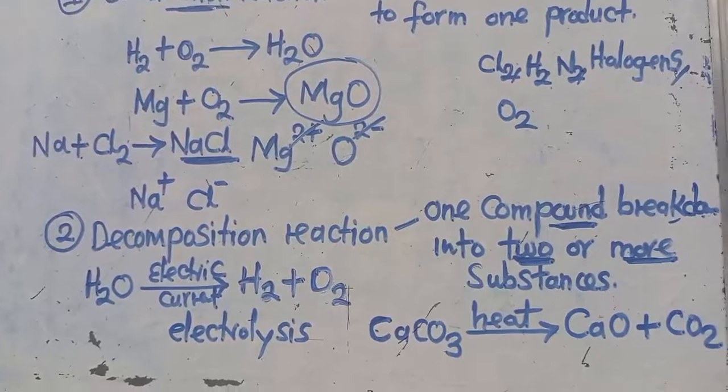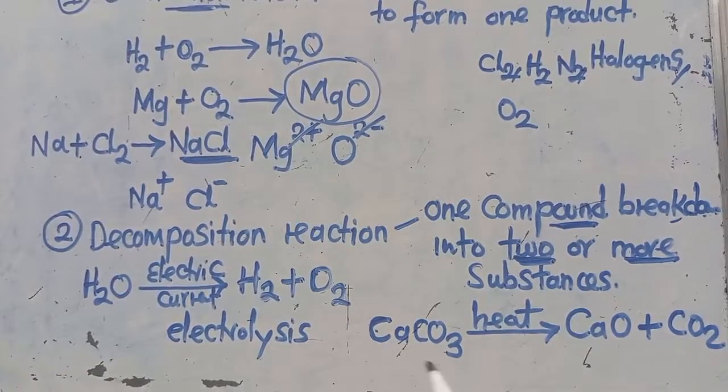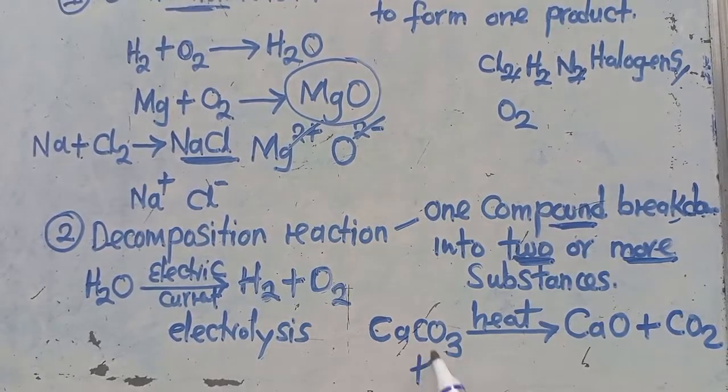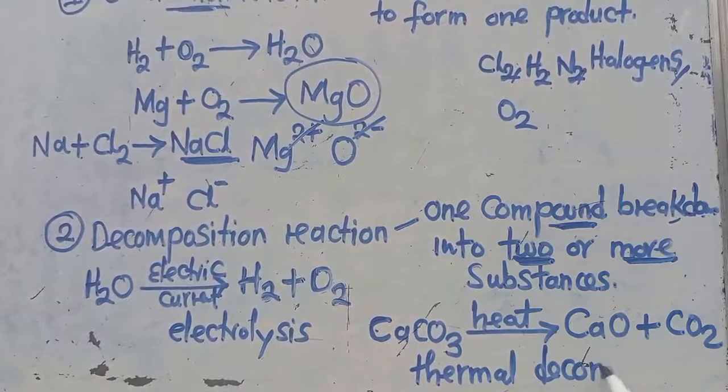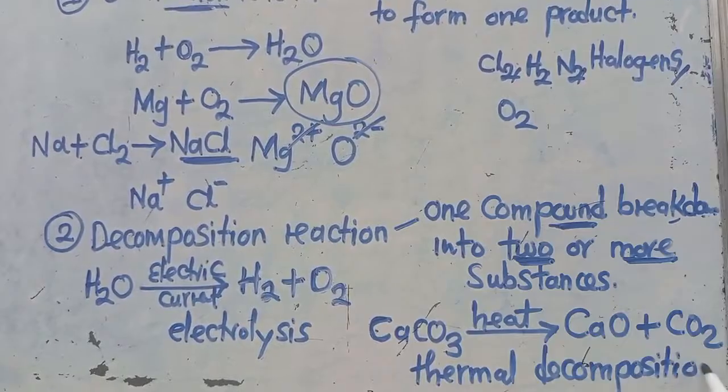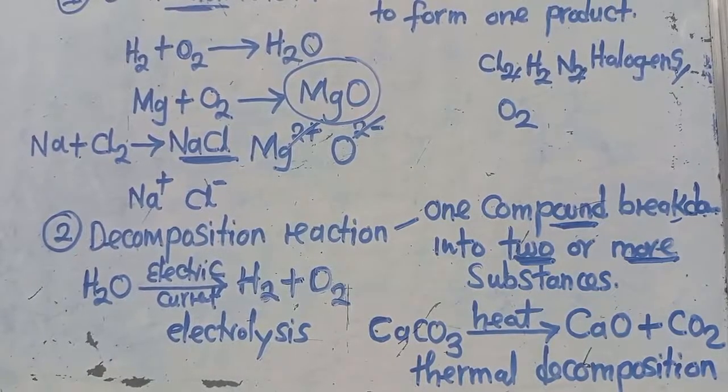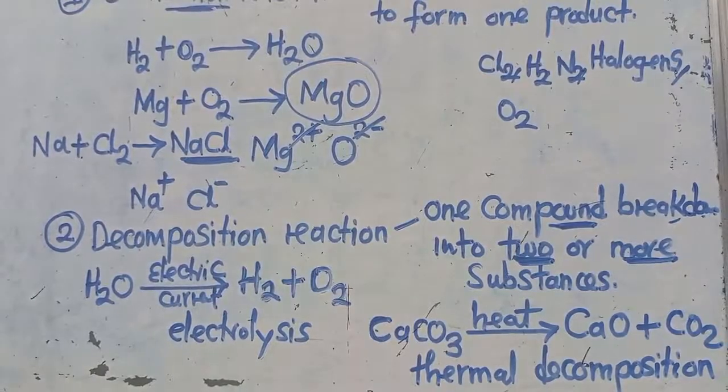These are the products that are being formed. What do we call this type of reaction? This type of reaction is called thermal decomposition. It is called thermal decomposition because we are breaking down this compound using heat. So this is the reason why we are calling it thermal decomposition.